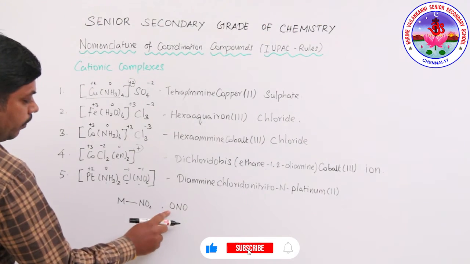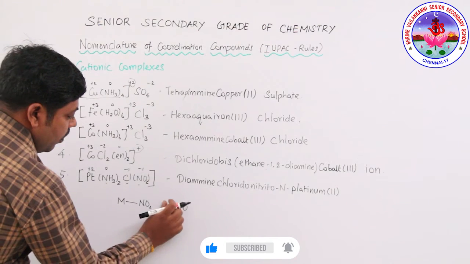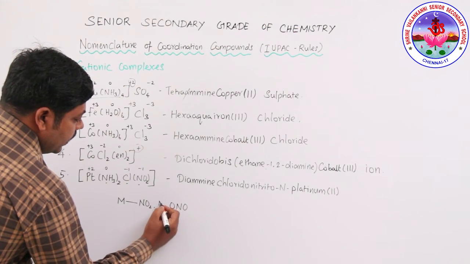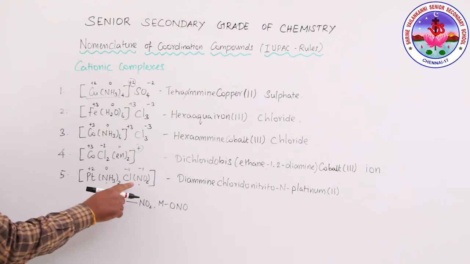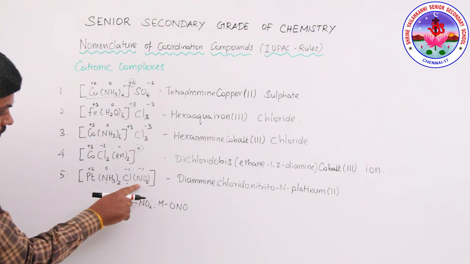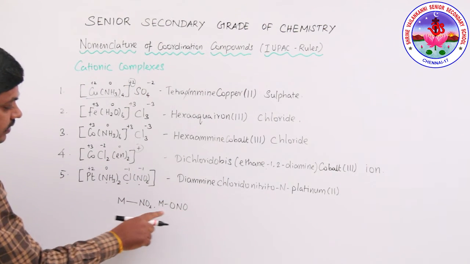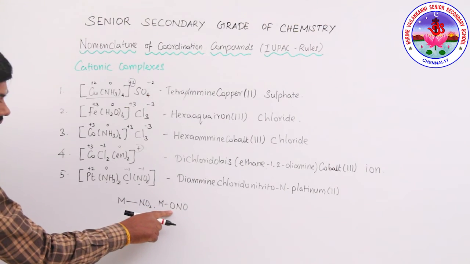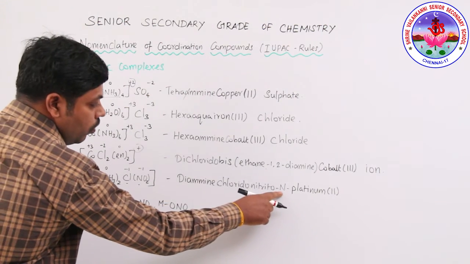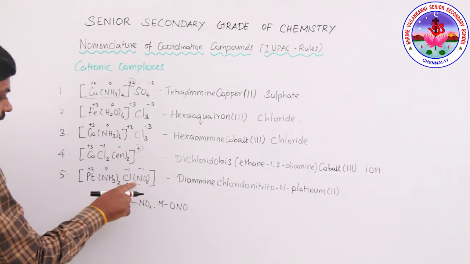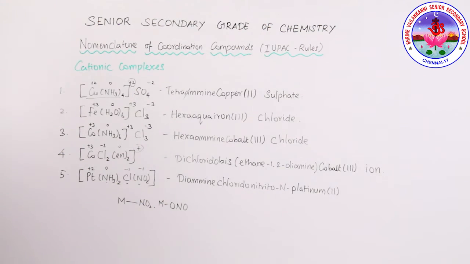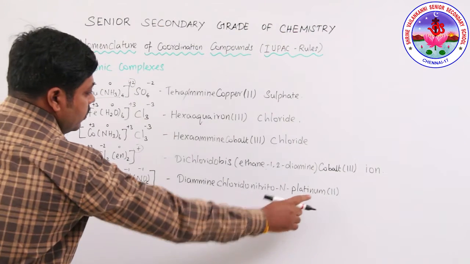Here the metal approaches the oxygen coordination. So you have to find whether NO2 is given like this or like this. If NO2 is given like this, you have to use O. If NO2 is given like this, you have to use N. So, diammine, chlorido, nitrito-N, platinum 2.